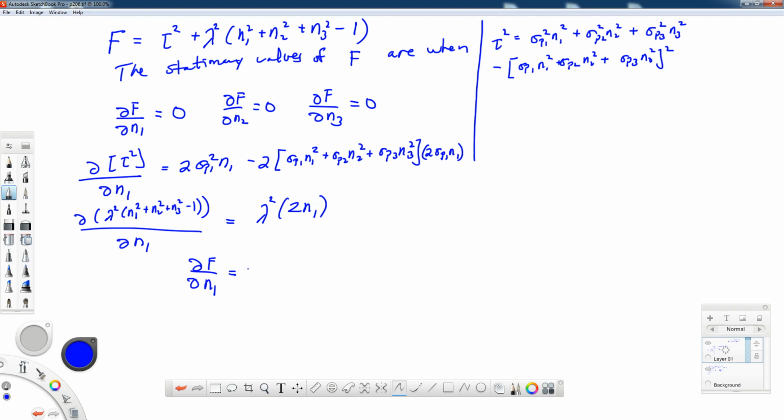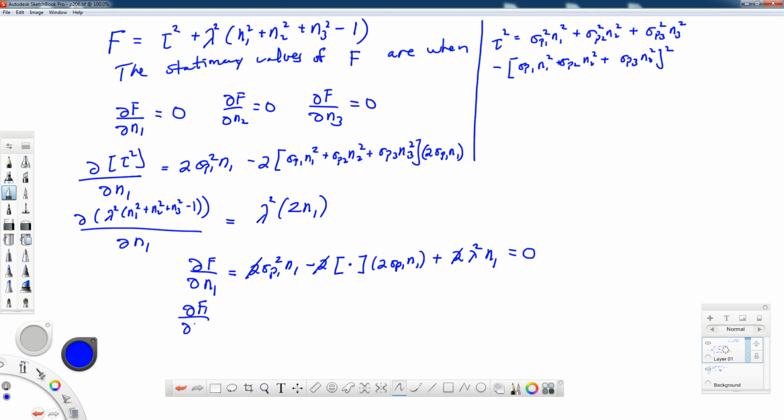I'm going to have 2 sigma p1 squared n1, and a minus 2, the term in the brackets, I'm just going to write it like that to save a little space, times 2 sigma p1 n1, and then a plus 2 lambda squared n1, and for the stationary value I'm going to set it equal to 0. Setting it equal to 0 means I can get rid of these leading 2's from each of those terms.